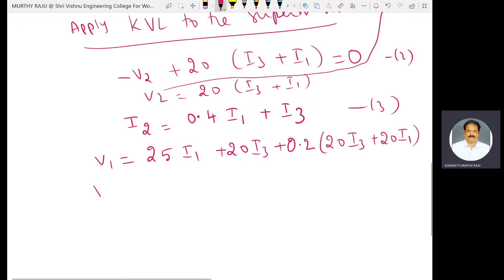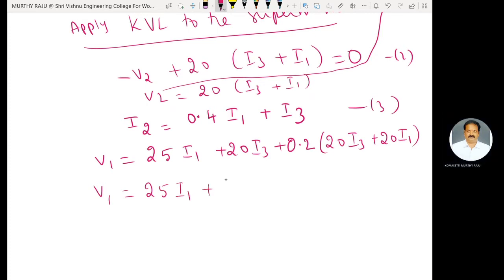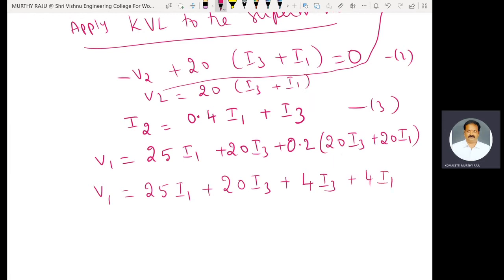Therefore, V1 is equal to 25 I1 plus 20 I3, 0.2 into 20, 4 I3, 0.2 into 20, that is 4 I1.